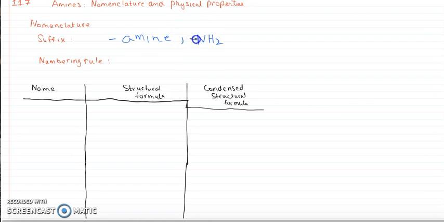The functional group is basically NH2. The numbering rule is the same as any other substituent. You can have an amine group basically anywhere, like any other substituent.